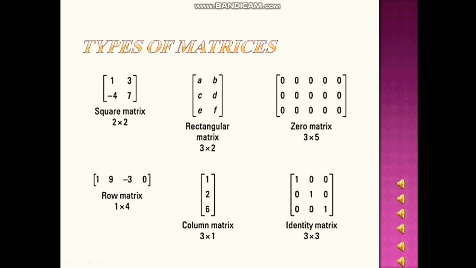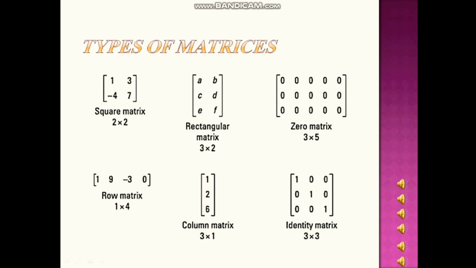Type number 5, we have column matrix. This matrix included one column only. So in this example, we have the matrix 1, 2, 6. It has one column and 3 rows only. So the order of this matrix is 3 by 1.